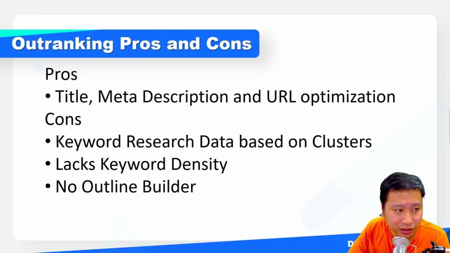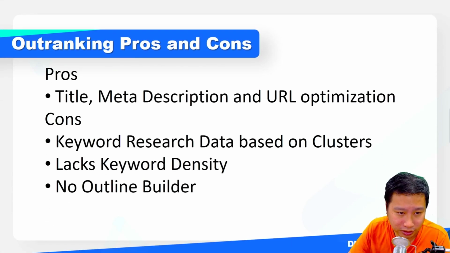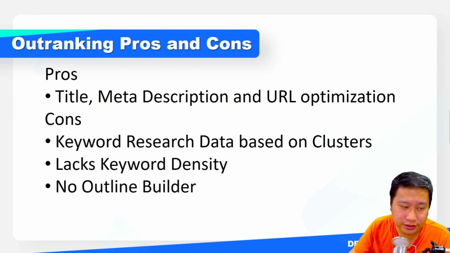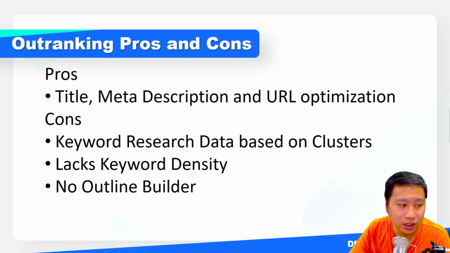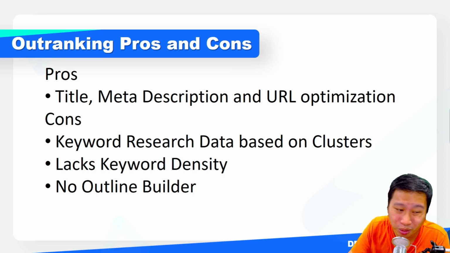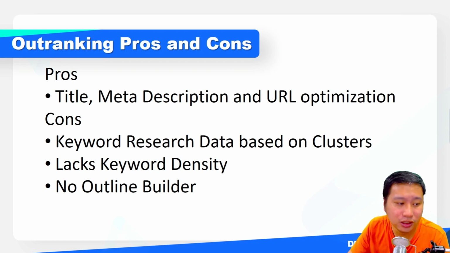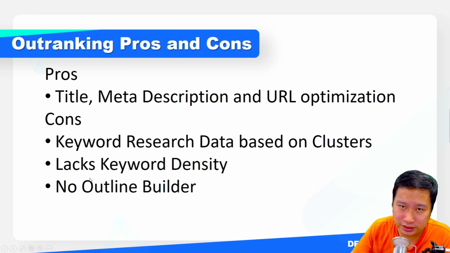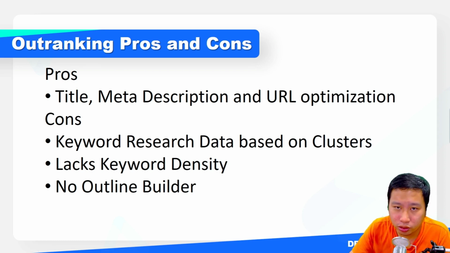For Outranking, the pros are that it has title, meta description, and URL optimization. But the cons are the keyword research data is based on just some cluster of keywords, and you don't really know how to optimize the article, right? Because it doesn't have any keyword density at all, and no outline builder.